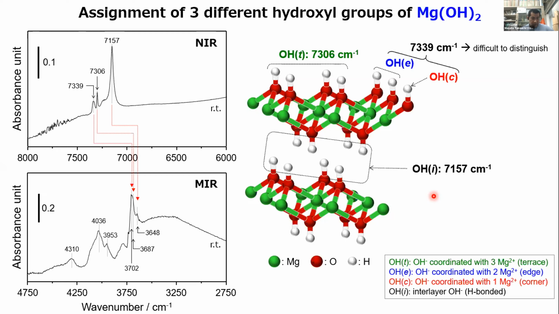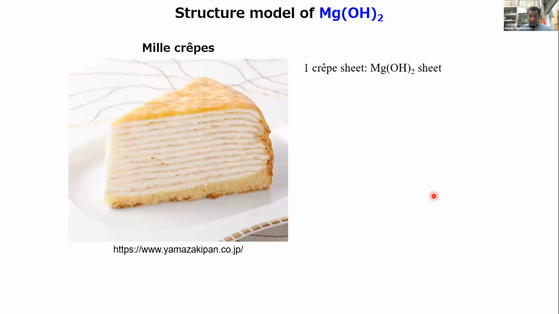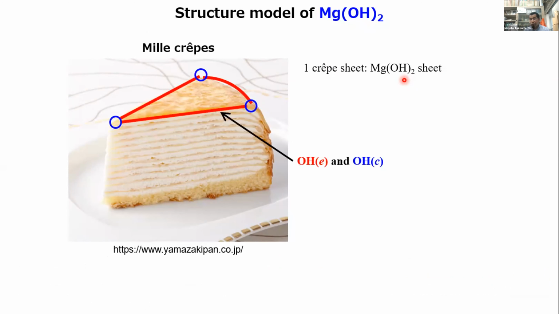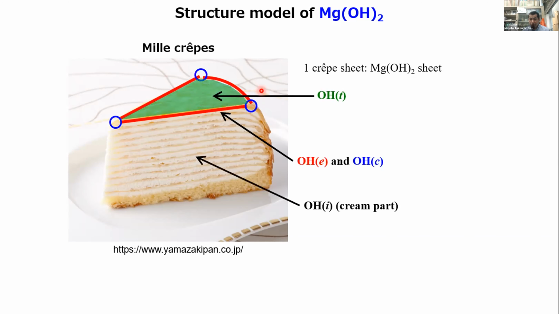But I think you are confused by these complicated structure models of magnesium hydroxide. So just simply imagine like this. This is a photograph of a milk crepe. 1 crepe sheet is the Mg(OH)2 layer. And OH-E and OH-C are located here. And OH-T is here. And interlayer OH groups are located in the cream part.